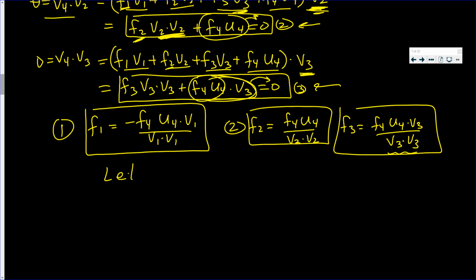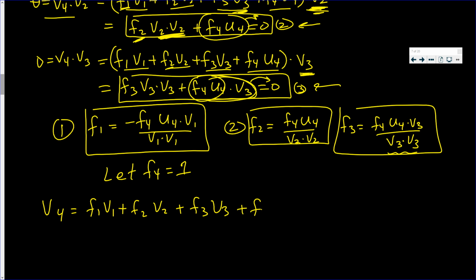How about we say let F4 equal 1. So we know that V sub 4 is equal to F1 V1 plus F2 V2 plus F3 V3 plus F sub 4 U4.